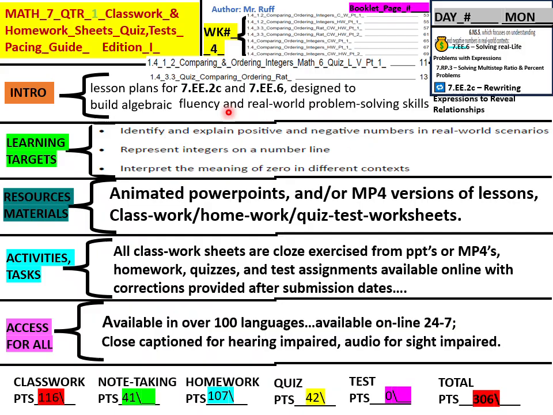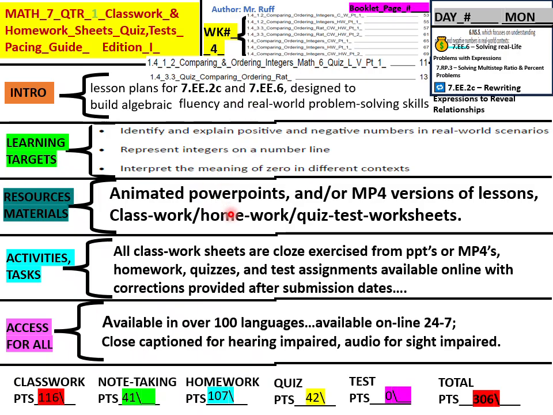And then our intro is lesson plans for 7.EE.2c and 7.EE.6, designed to build algebraic fluency and real-world problem-solving skills. These are your basic Common Core standards that we cover.